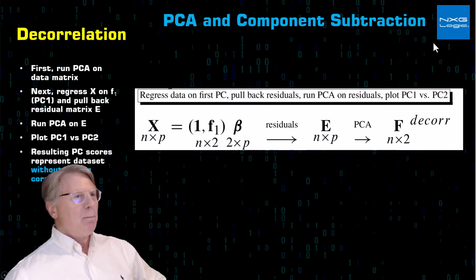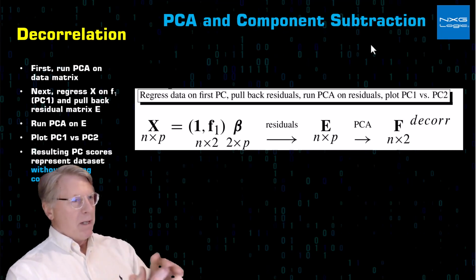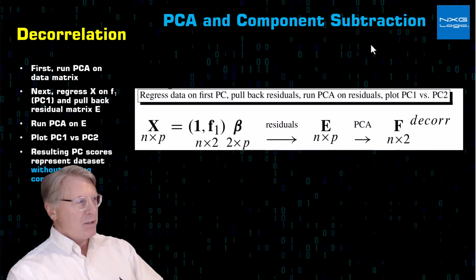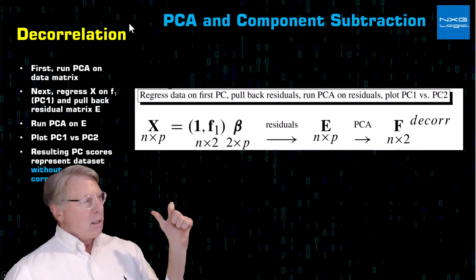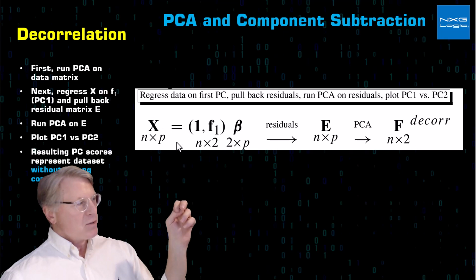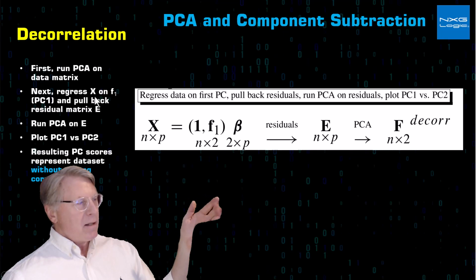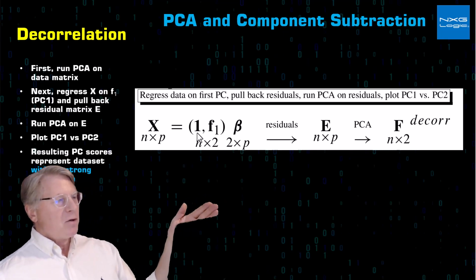Now, PCA component subtraction is a very large module in Explorer that's associated with principal components analysis and also covariance matrix filtering, CMF. So the first output of a CMF run in Explorer involves regressing. You would first run PCA on a data matrix and then regress X, the data that were used for PCA, on the first principal component.